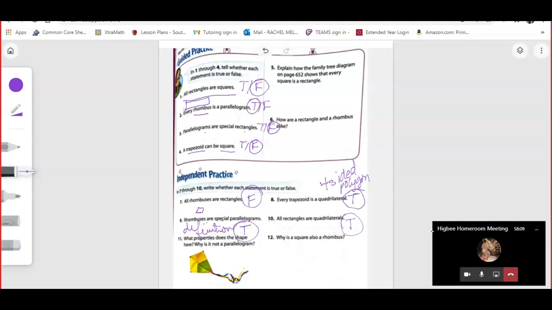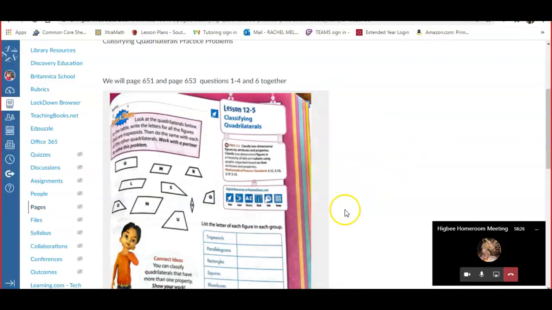Oh, number 10? I think number 10 is true for the same reason number 8 is. Because rectangles have 4 sides and a quadrilateral is a 4-sided polygon. Absolutely. Okay. All right, so what you just did there is what you're now going to do on our quiz for today.